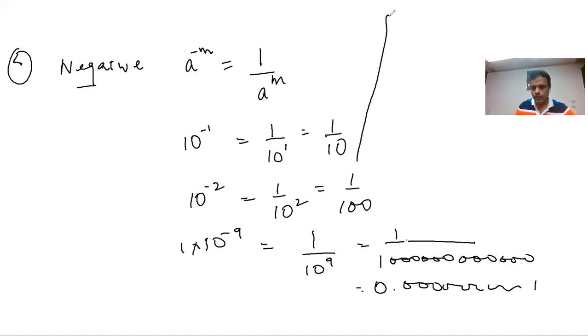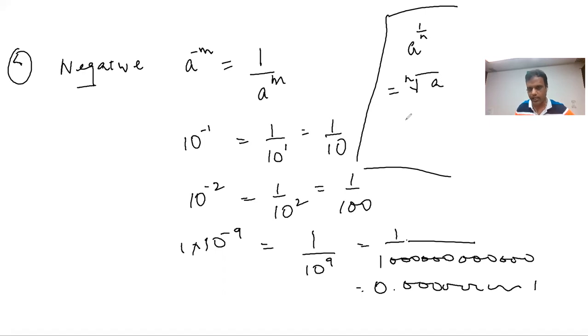The last one, which is any number to the power 1 upon n. What does this mean? Till now we have studied all the numbers with a non-fraction number. This is the first time we are using a fraction exponent. So this simply means that it is the nth root of a.